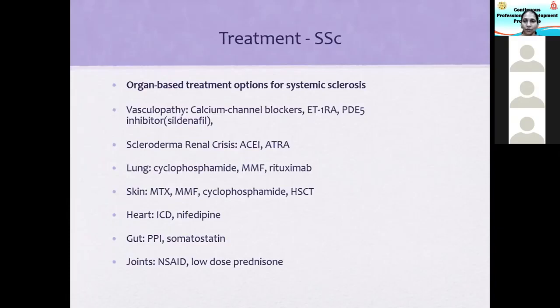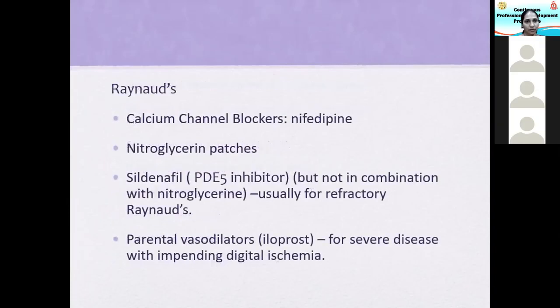For individual organ involvement, if the heart is involved and there are conduction defects, ICDs, that is implantable cardiac defibrillators, can be used. For gut involvement, it is mainly proton pump inhibitors and somatostatin can also be used. For joints, the usual non-steroidal anti-inflammatory drugs and low-dose prednisolone can be used.